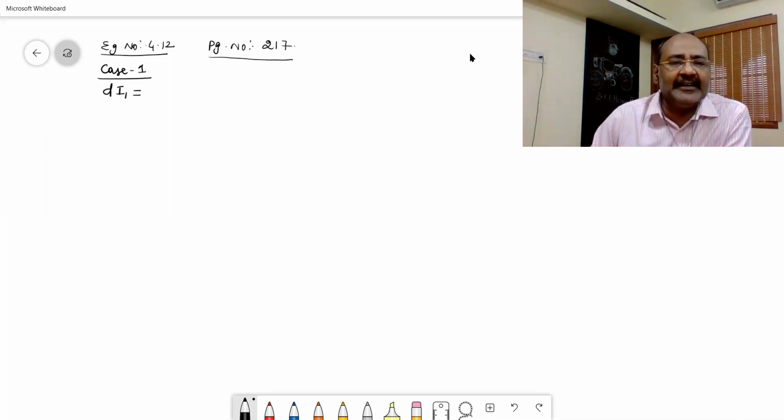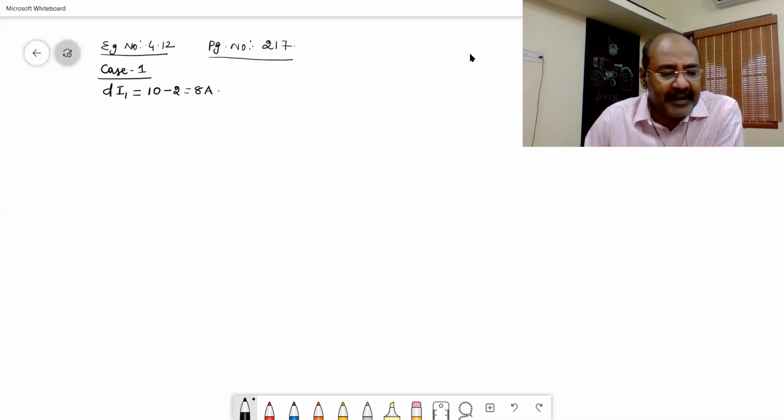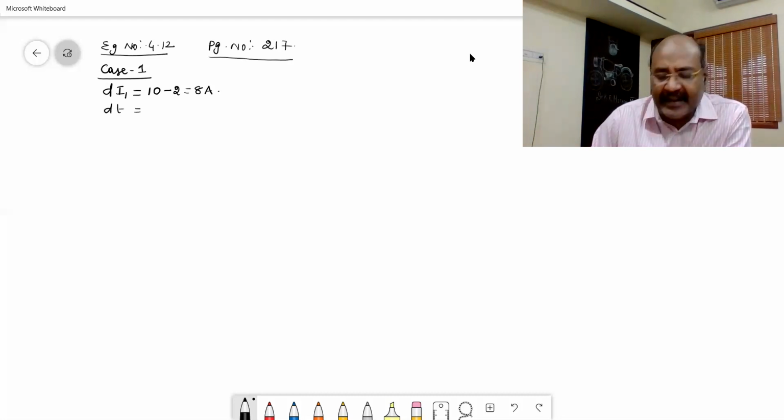So the change in current is the final current 10 ampere minus the initial current 2 ampere, that is 8 amperes. This is taking place in a time dt, that is 0.4 seconds.